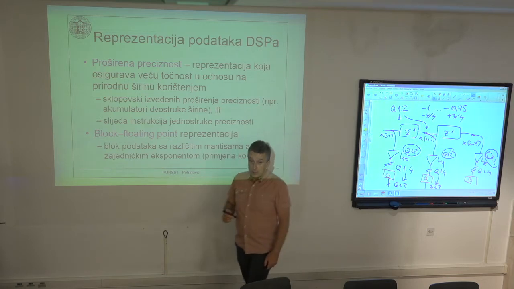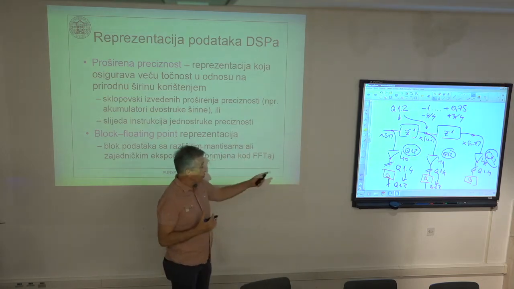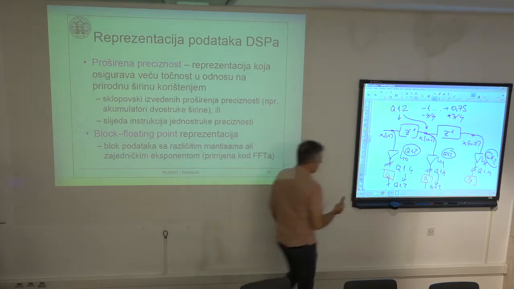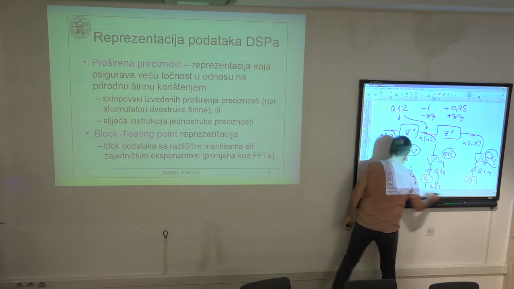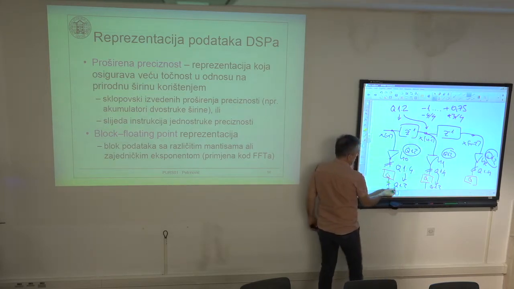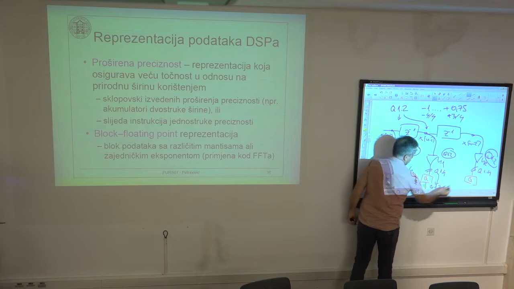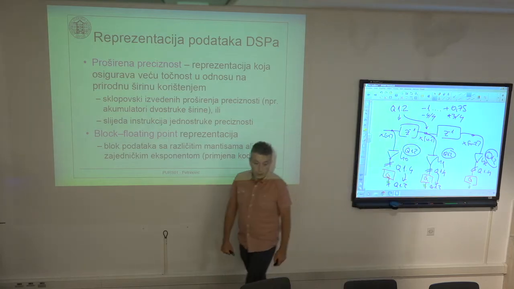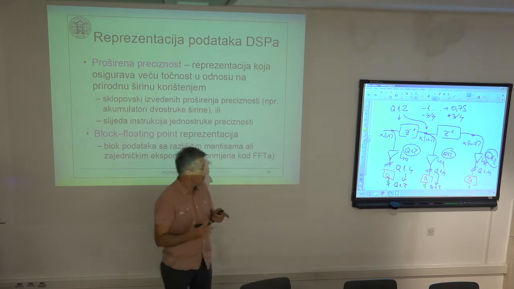But after multiplication, I have to reduce this double width word to a single width, and I do the error. So I have this error of quantization. I insert the error here, I insert the error here, and I insert the error here. So each time I do the quantization, I insert error.